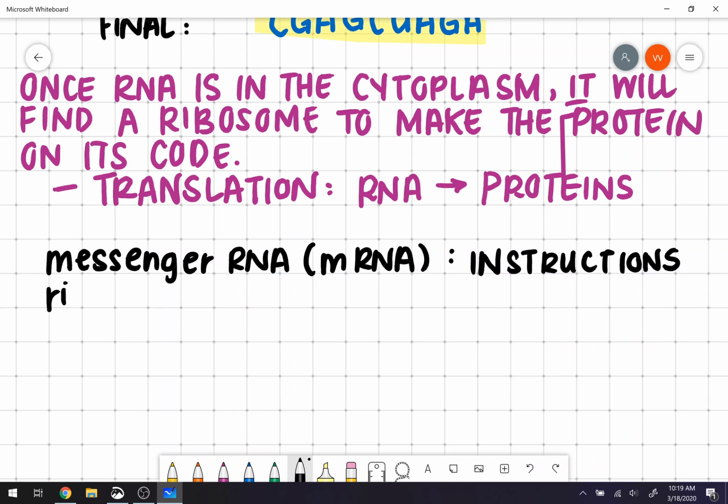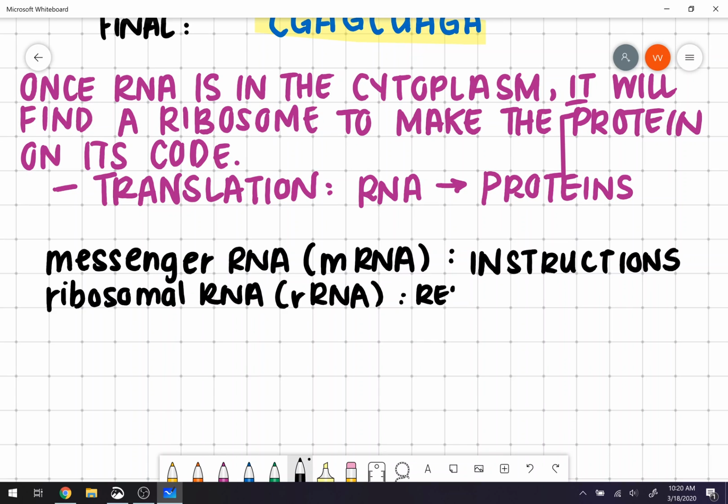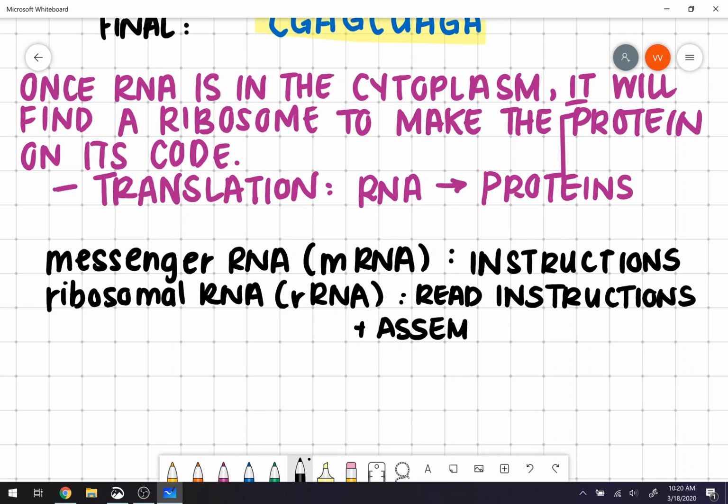Your ribosomal RNA, which, like its name suggests, is found on the ribosome, right? It's also called rRNA. This is going to be the one that reads the instructions, and it's going to assemble the protein. It's going to put the protein together.